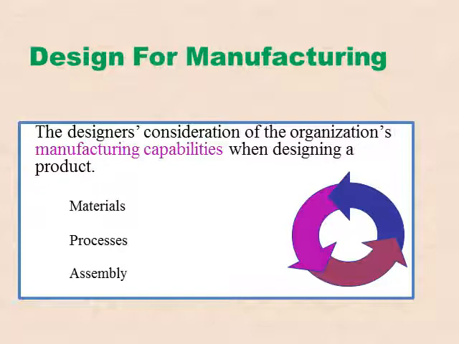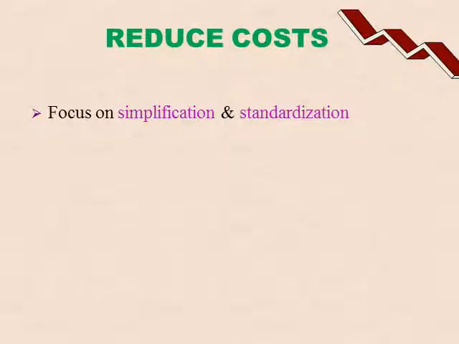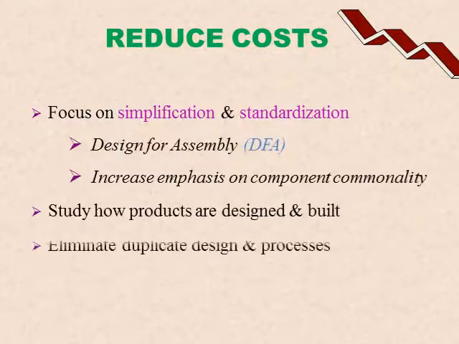Then assembly: after the material selection and the process, there is the assembly for checking whether the function is working or not. Then reduce cost. Reducing cost is focused on simplification and standardization. The function, construction or process should be simple and a standard process.